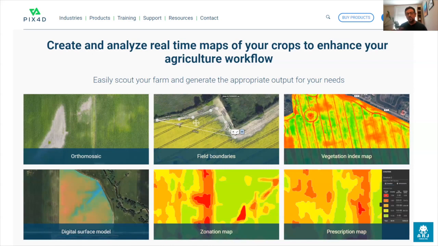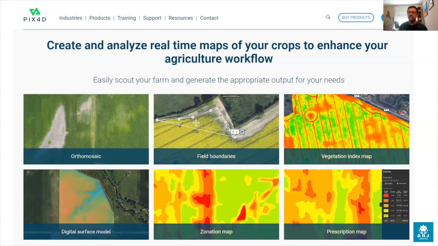We can see non-real colors brought together on the right-hand side, where we can see certain areas of challenge, seen in the red, versus the green, where it's showing relatively good vigor within particular areas of crop. And that allows us to make interesting decisions on our environment and what we're doing with our crop, our field, our work area.